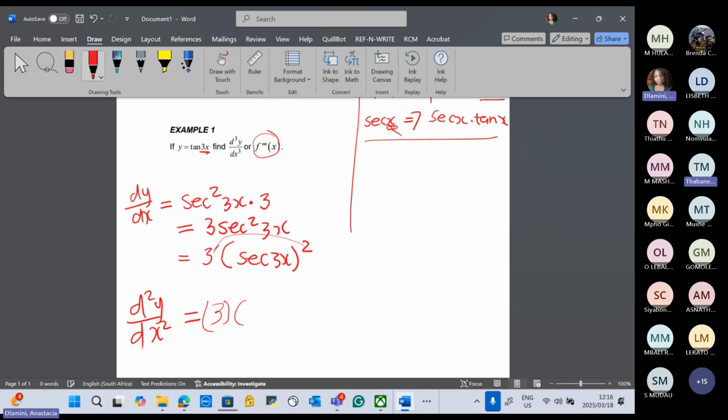6 sec 3x. Then let's do this first before you multiply the 3. So then this becomes what? This becomes sec 3x because the power is 2 minus 1. Guys, you need to remember, you need to be a grandfather that can explain to your grandchild one day.